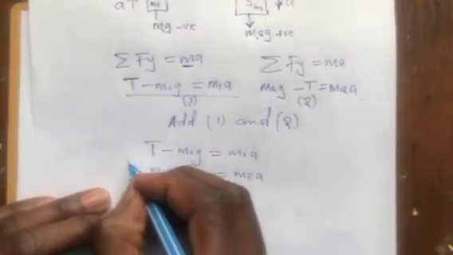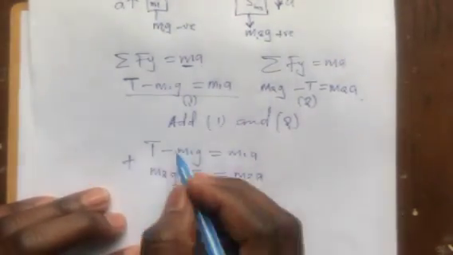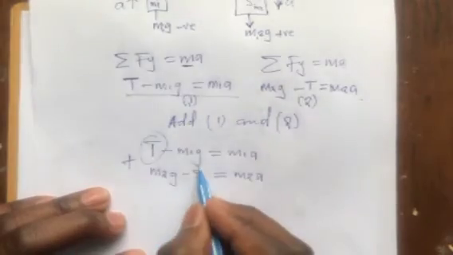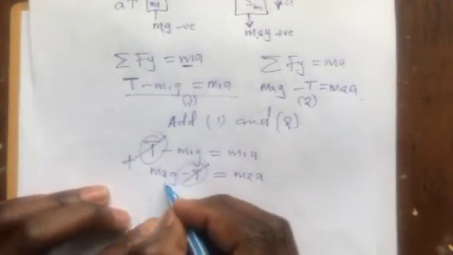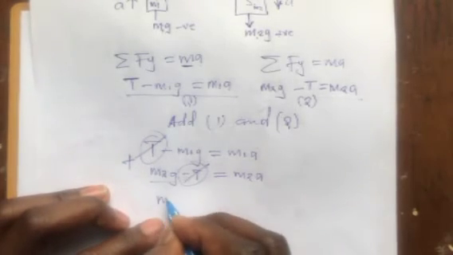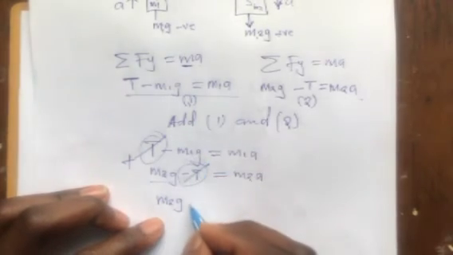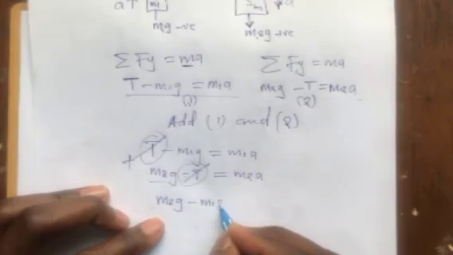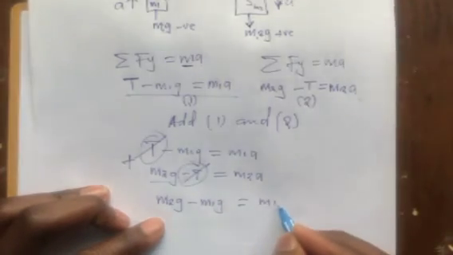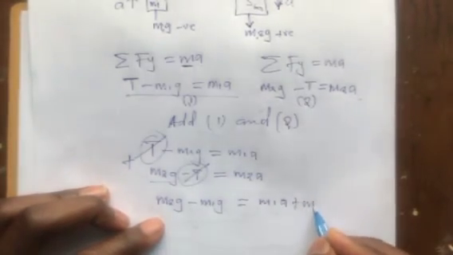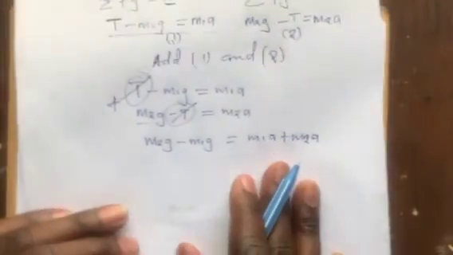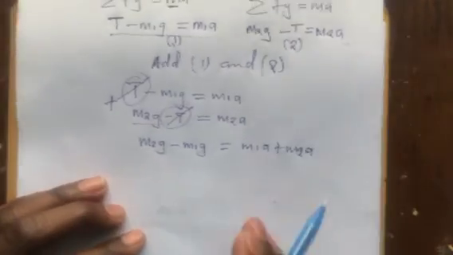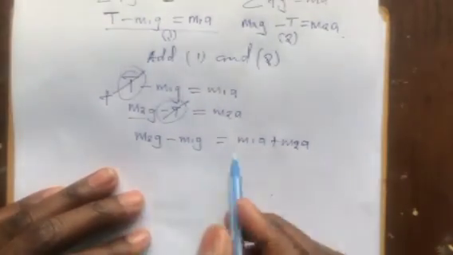If you try to add, what you're going to understand, since this is having a positive, this is going to have a negative, this and that, you can just cancel them. Then you are going to add the one which is having a plus first, M2G, you come to that one, minus M1G giving us M1A plus M2A. What are you supposed to do next here? What you should always understand, you can just factor out what is common.